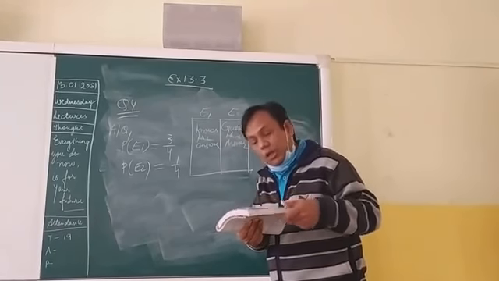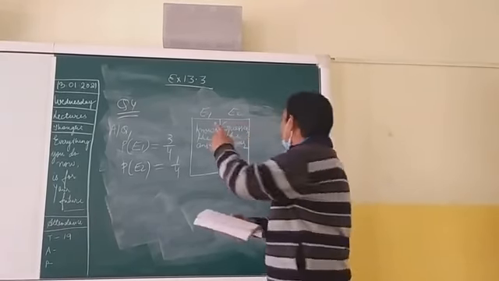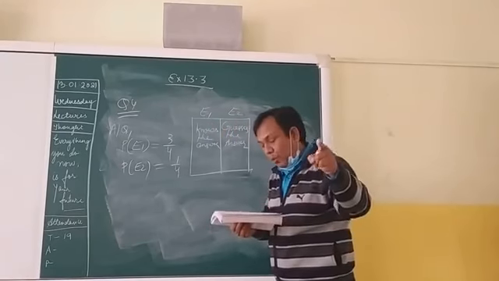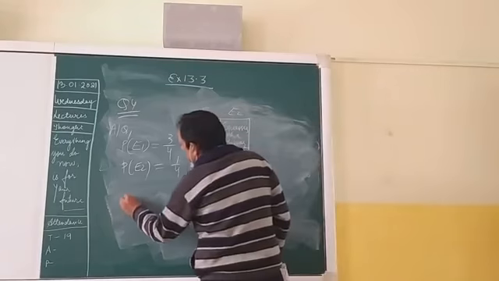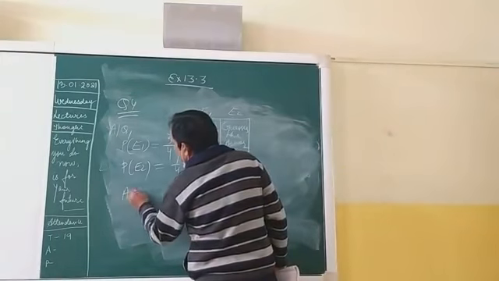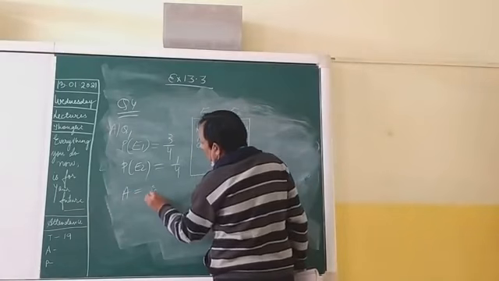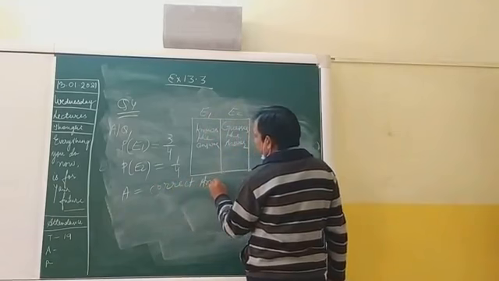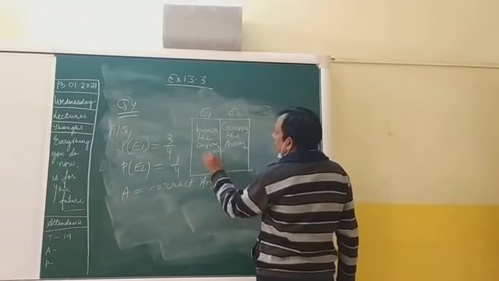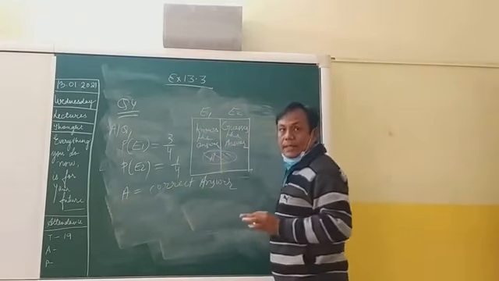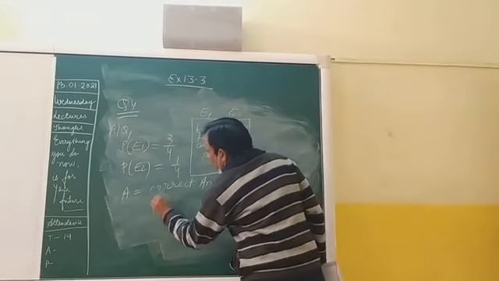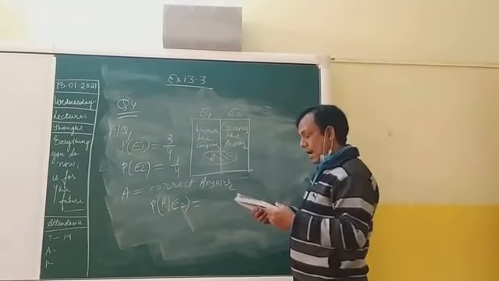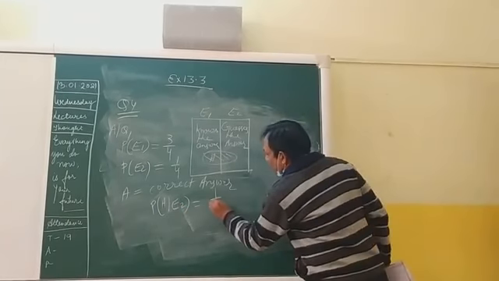Suppose A is for correct answer, the event that the answer is correct. So the probability that the answer is correct given that it is guessed is 1 by 4.